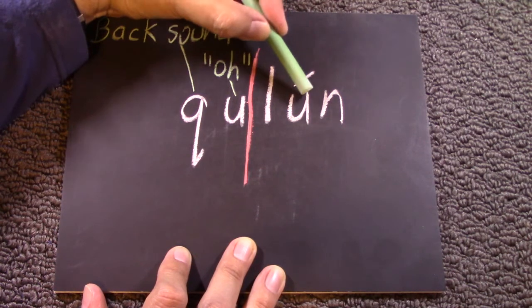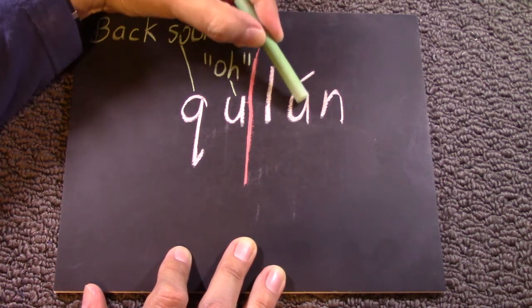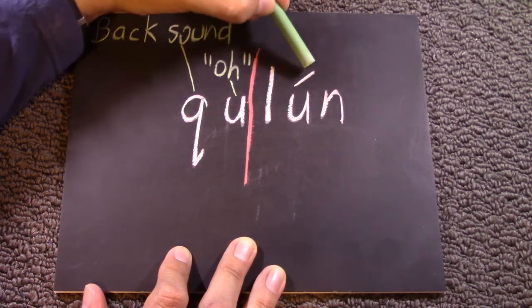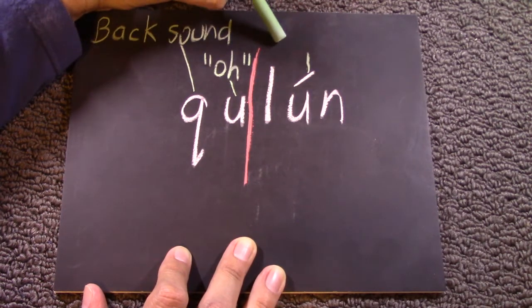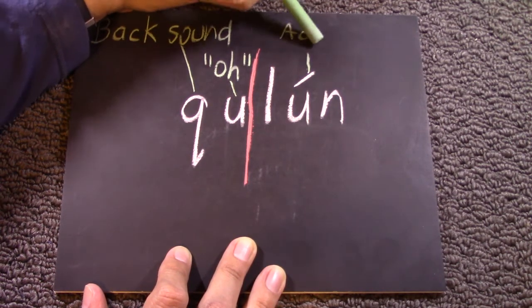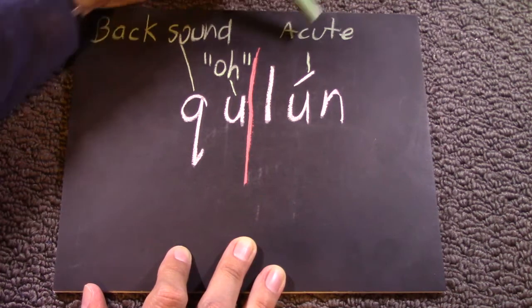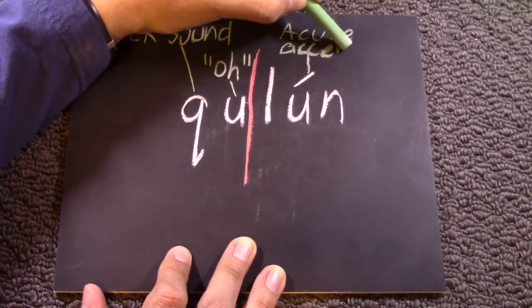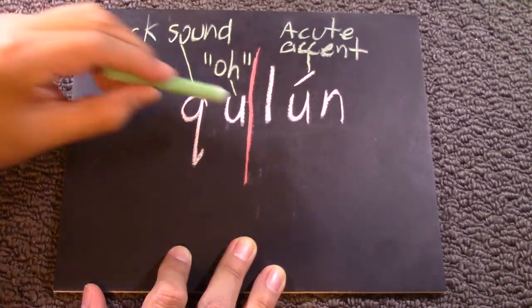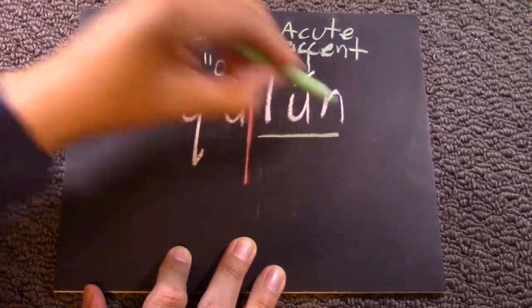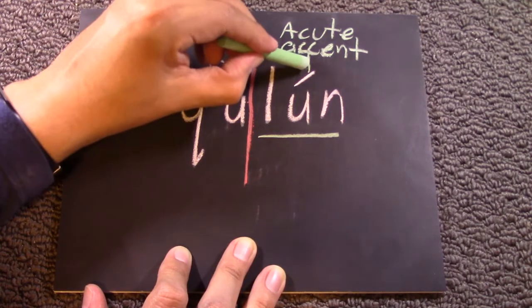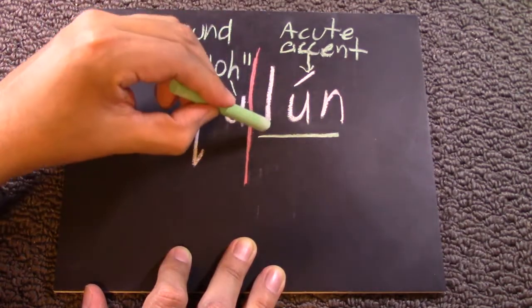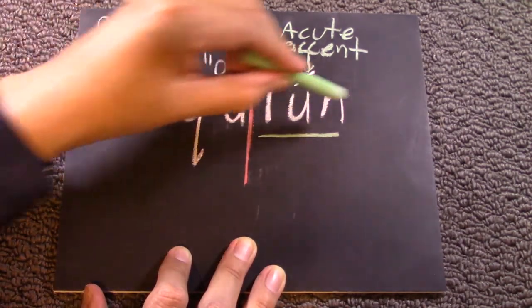We have another U. So there's two things different about this U. First of all, it has an accent mark over top of it. So we have an acute accent, which tells us that we're going to put more emphasis on this last syllable here. So this will be a higher tone.